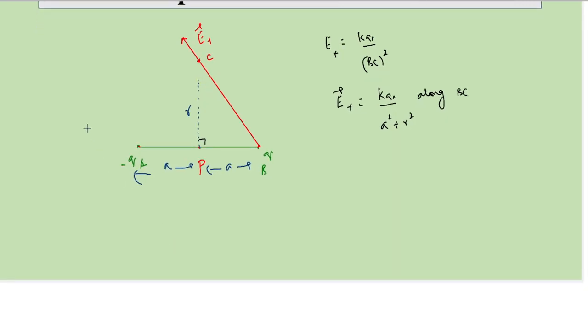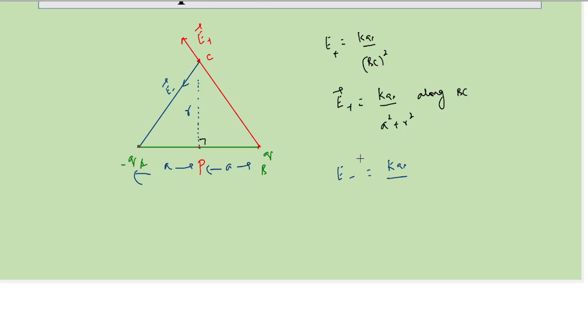Similarly, the charge minus q will create a field, and that field would be towards the charge, because for a negative charge the electric field is towards the charge. We'll call this E minus, the field which the charge minus q creates. E minus in magnitude would be kq by CA the whole square.